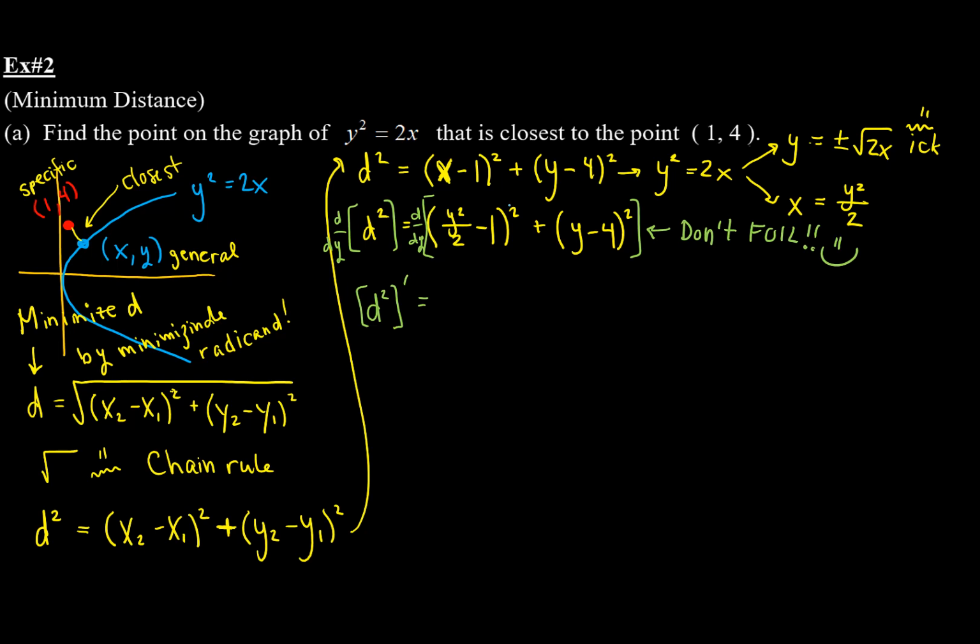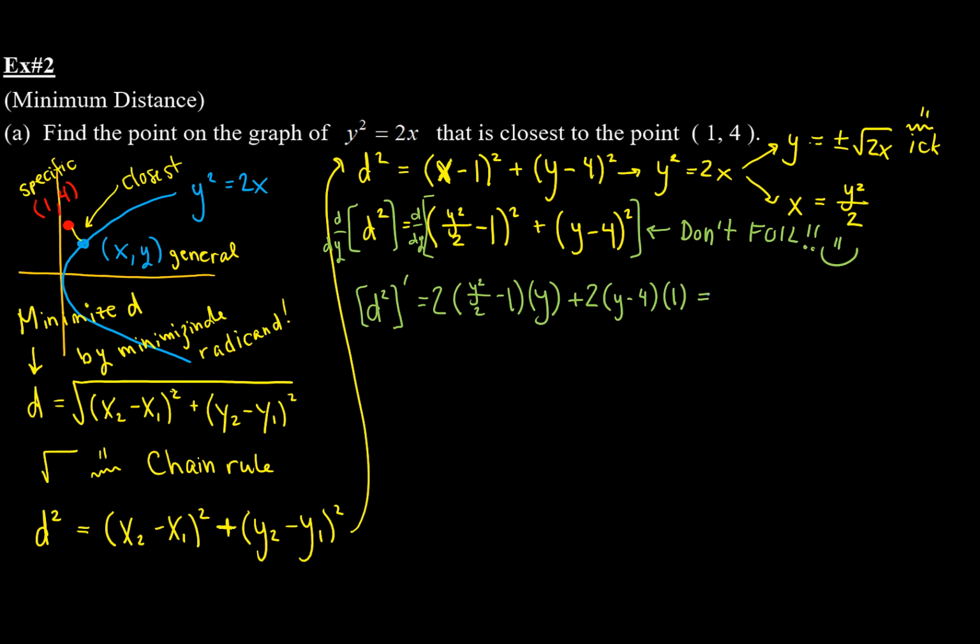Over here I bring the 2 forward, leave y squared over 2 minus 1 alone, reduce the power by 1, and then multiply by the derivative of y squared over 2, which is just going to be y. Next, I add the derivative of the second term. I bring the 2 down, leave y minus 4 alone, which becomes a power of 1, and multiply by the derivative of the inside, y minus 4, with respect to y, which is 1.